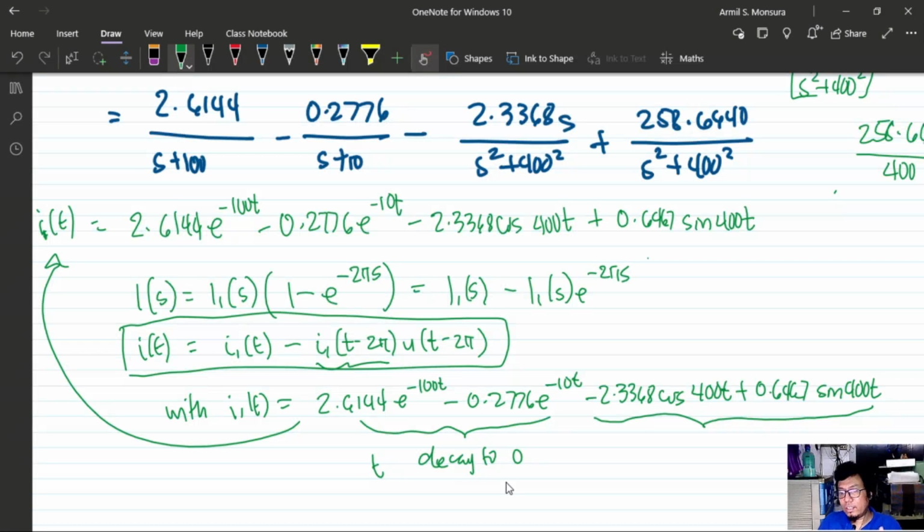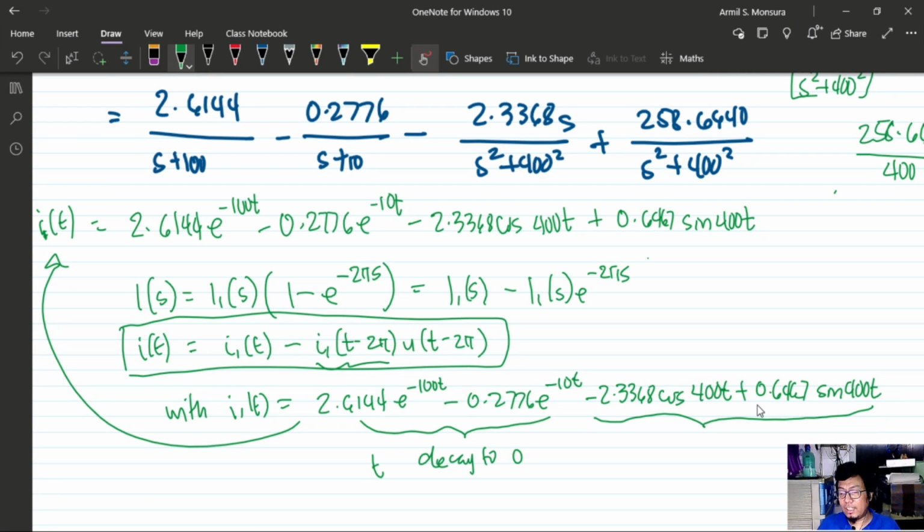When t assumes a value so that negative 100 times t and negative 10 times t becomes very large to the exponent, we can consider e raised to negative 100t and e raised to negative 10t to be 0. And what is left would essentially be a sinusoid. So that's basically yung base function natin. That's I1 of t.